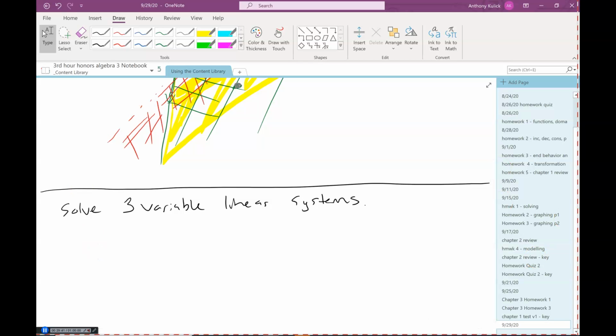So the next thing that we're going to do is solve some three variable linear systems. And to do this, we're going to just use substitution and elimination like we've done before. But they get a little bit more complicated because we have three variables and three equations now.